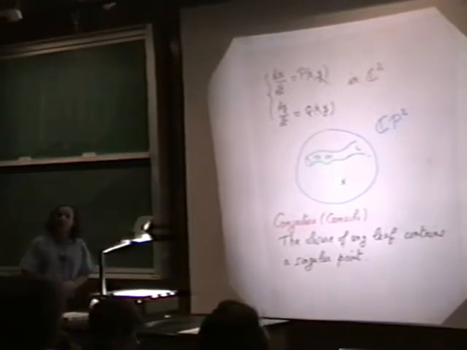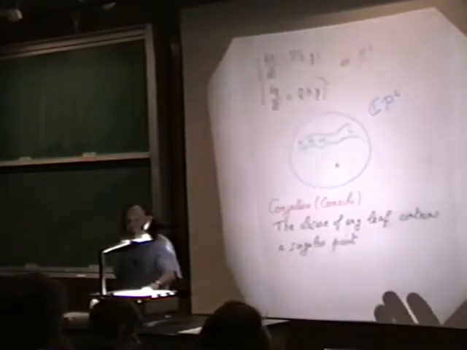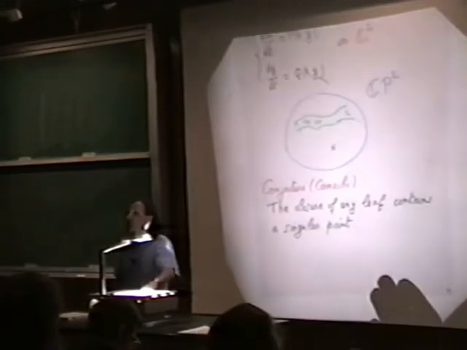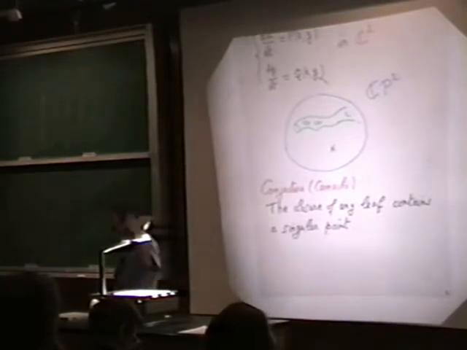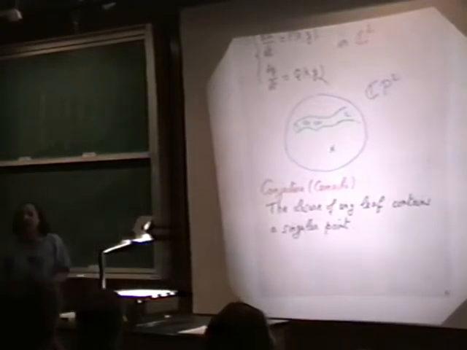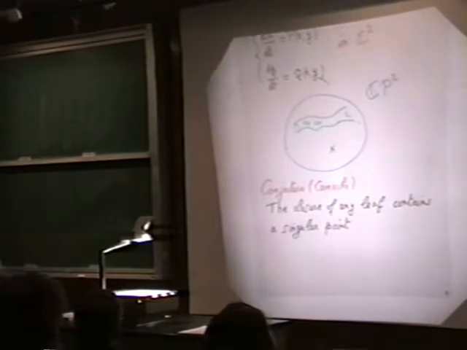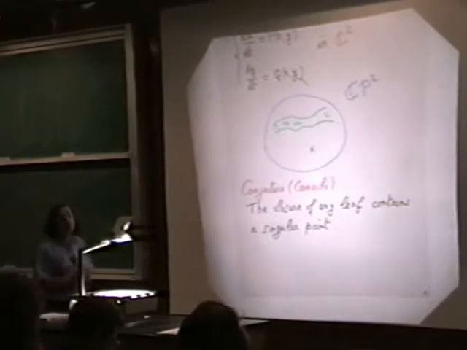The closure of any leaf should contain at least a singular point. It is not difficult to see that the other case, the case of periodic orbit or compact leaf, does not occur. So the conjecture is that there should be some very general statement about differential equations in C2.